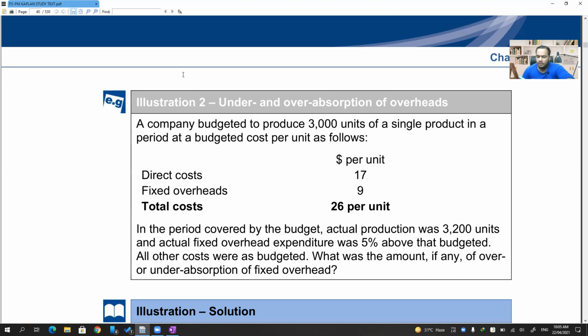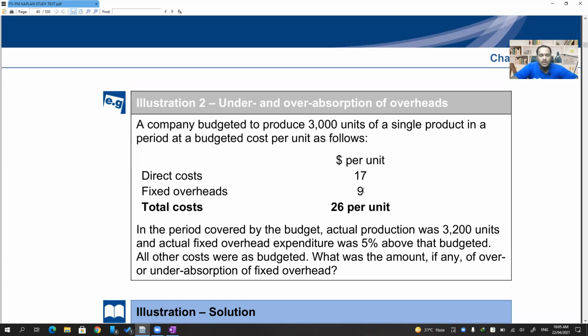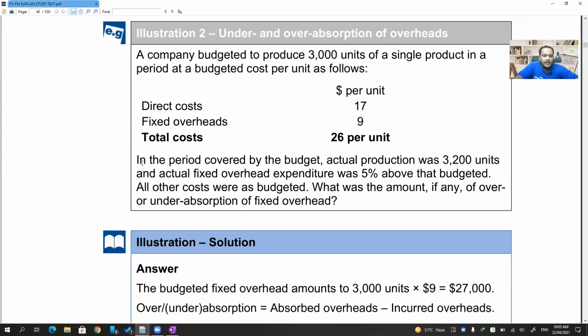Okay, so we are planning to produce 3,000 units, and for these units, direct costs are $17 per unit and fixed overheads are $9 per unit. So 9 into 3,000, we are expecting budgeted fixed overheads of 27,000, right? In the period covered by the budget, actual production was 3,200 units.